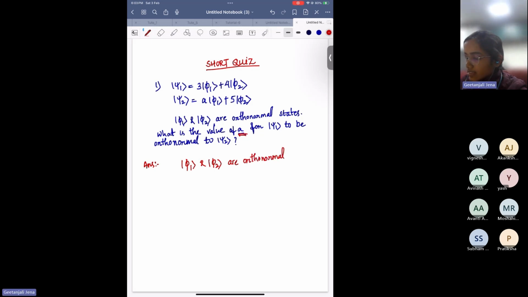So what is the value of A for which psi1 is orthonormal, or you can take it as orthogonal also, to psi2?